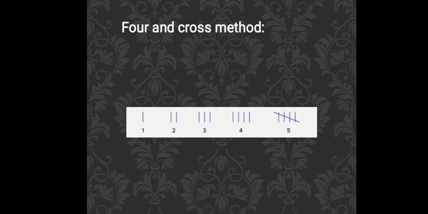However, if it comes five times, it can be represented by four vertical lines and a cross, which shows number 5. This method is known as the four and cross method. This is basically used for tallying the total number of values or the frequency. Such a method would only be suitable for a small data set.